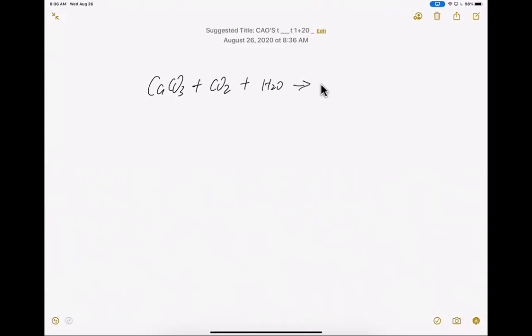Okay. And we'll get a new product. Okay. So this is called calcium bicarbonate. Okay. And this can actually be dissolved in water. So limestone, CaCO3, is not totally resistant to water. Okay. So the concrete the ancient Roman engineers used is not water-resistant concrete, so it's non-hydraulic cement.